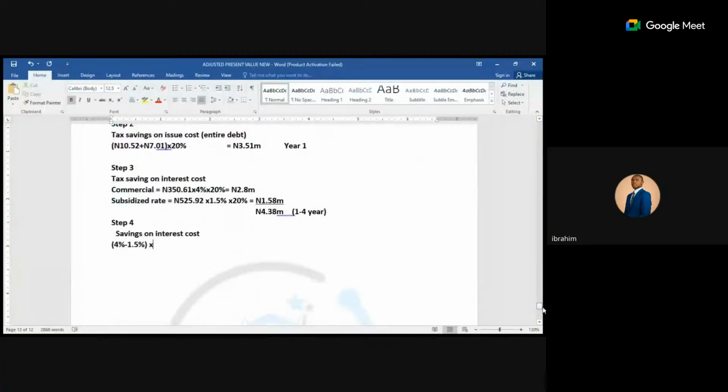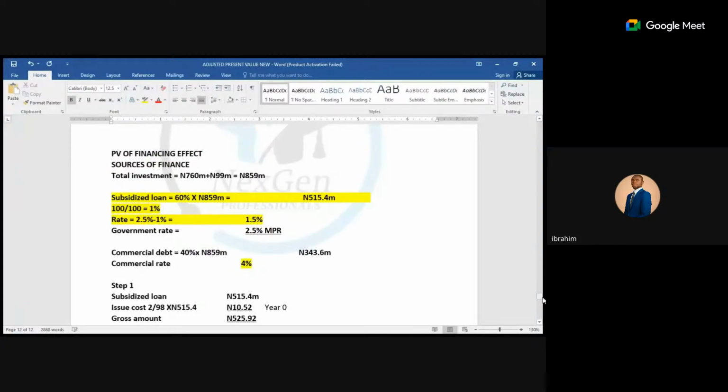How much did you save? We are talking about savings, not the entire costs. That is why I say costs. We are talking about savings on interest. It's supposed to be 4, you have 1.5, class. The difference between the two is your save.